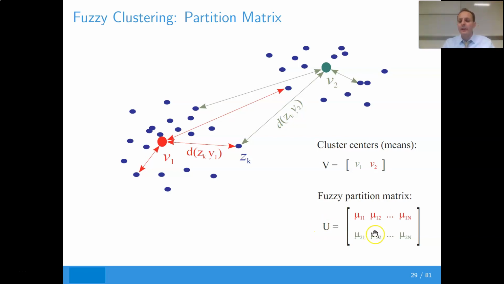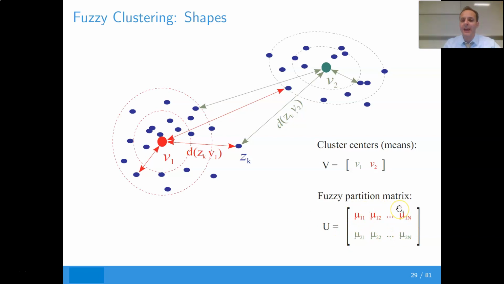So for each cluster, you have a set of fuzzy numbers for these points, because you have a number of columns equal to the number of data, and a number of rows equal to the number of centers. And you have this fuzzy partition matrix.